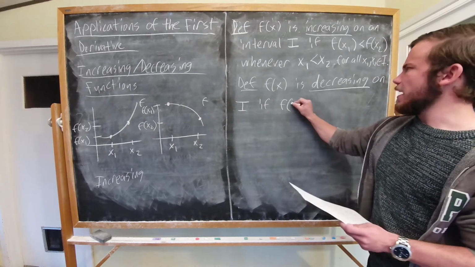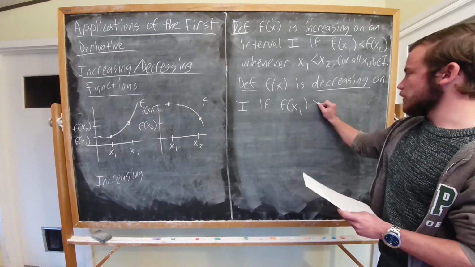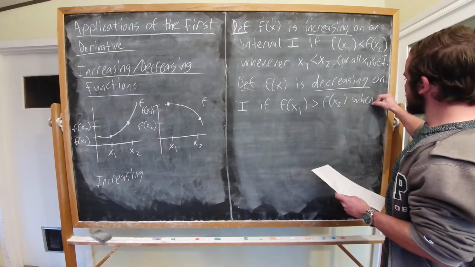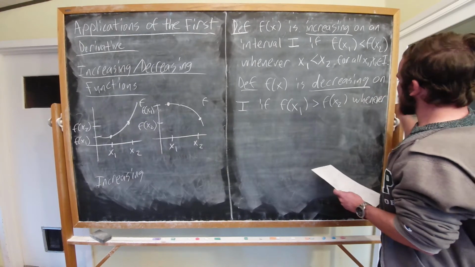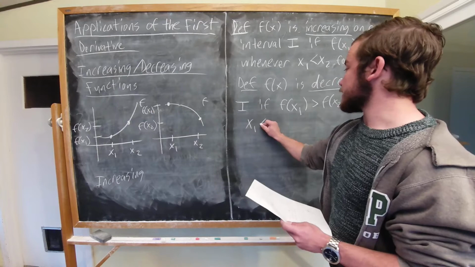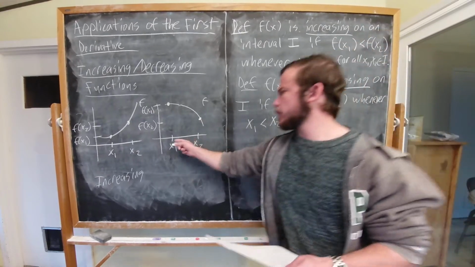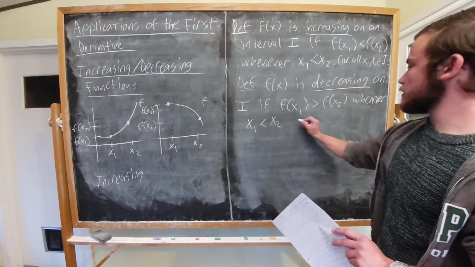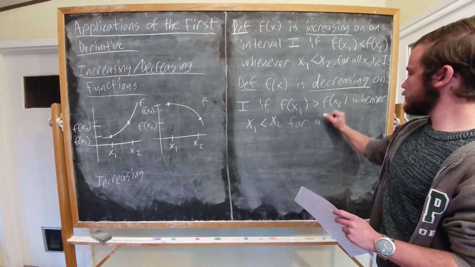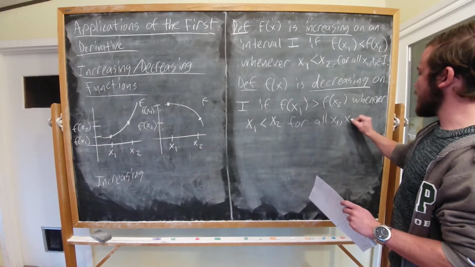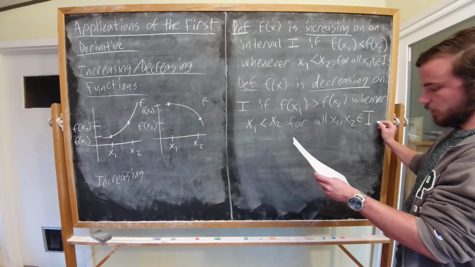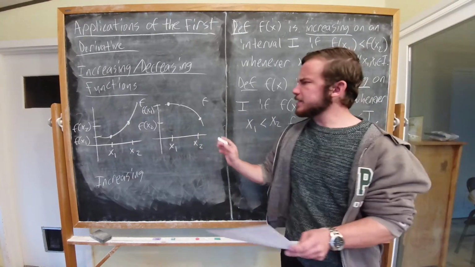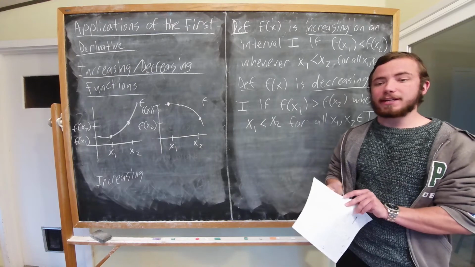Same thing here. So x1 less than x2 means f of x1 is greater than f of x2 for decreasing functions, for all x1, x2 in our interval I. Alright, so that's a helpful definition of increasing and decreasing functions.